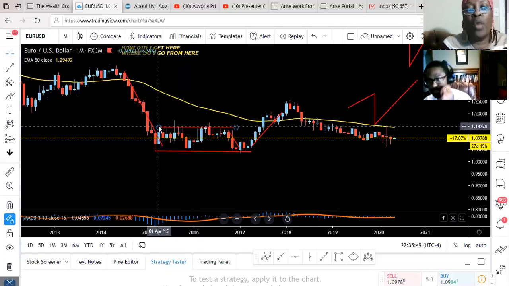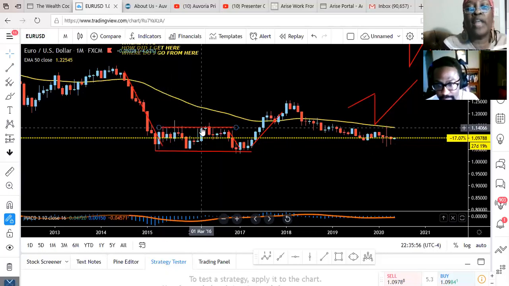And I wanted to touch at least two wicks. As long as it's a wick and not a body, because you do not want your trend line or structure, which is represented by a trend line, a support and resistance, a channel, those are structures that trap price. You don't want the body of the candle to extend out of that, because if it does, it already broke structure. So now you're looking for a new low or a new high.